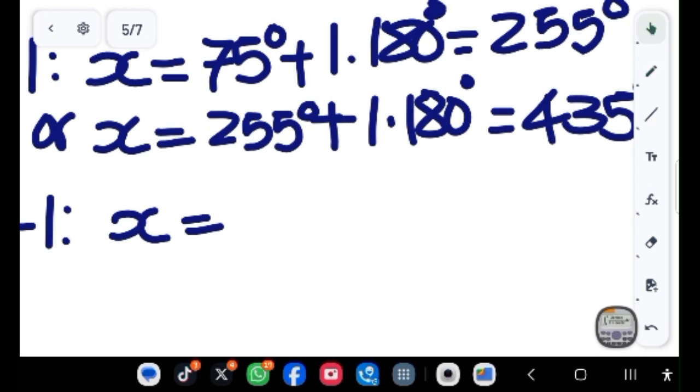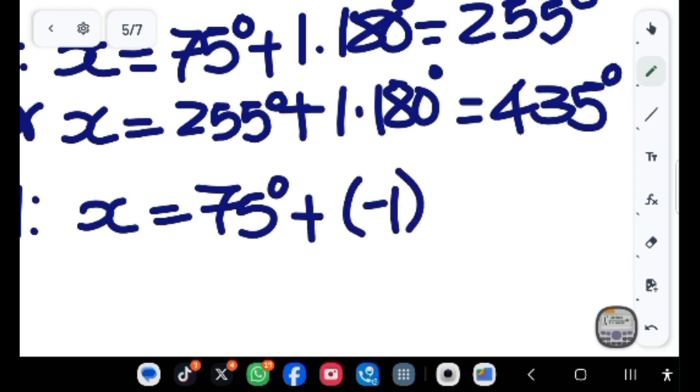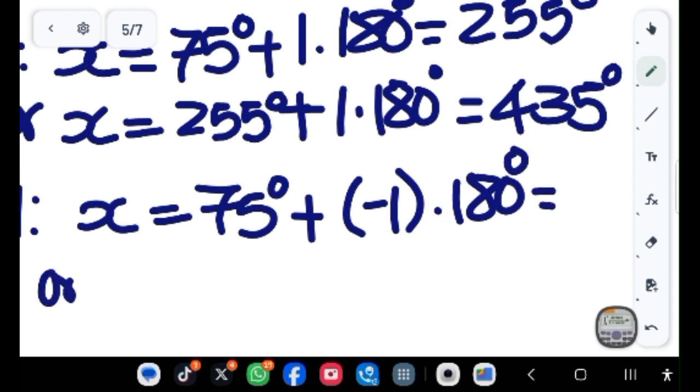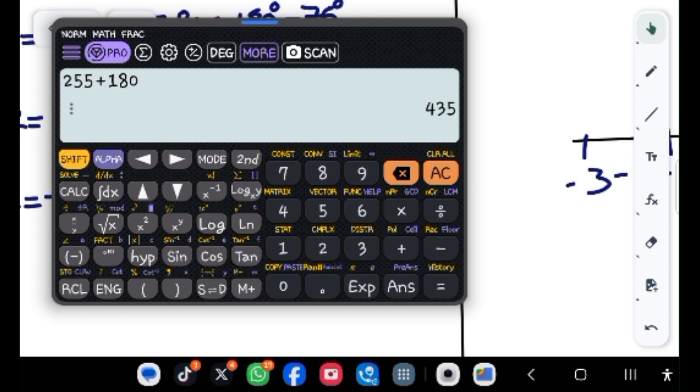So for k equals -1, the first one will be 75 degrees plus -1 times 180. So that will be 75 minus 180, or this one will be 255 minus 180. 75 minus 180 gives us -105.